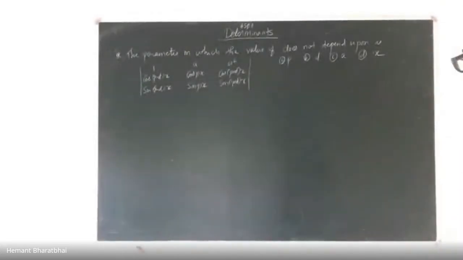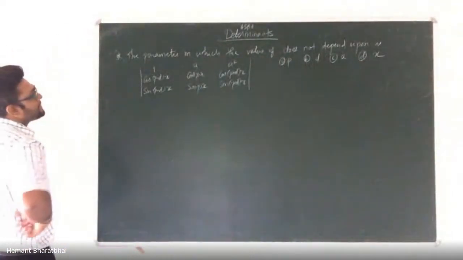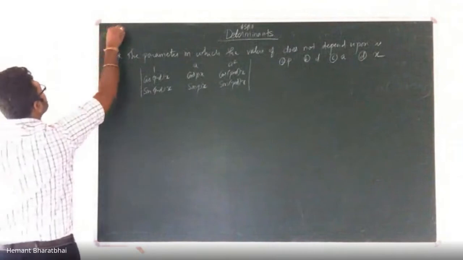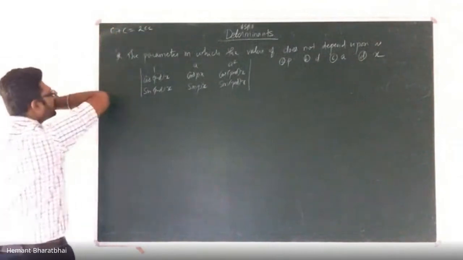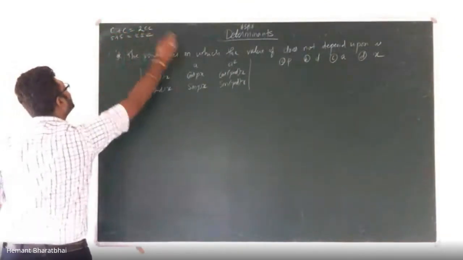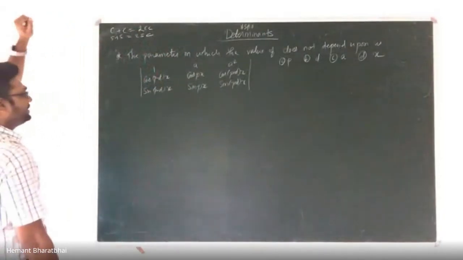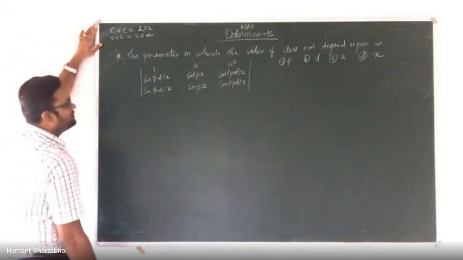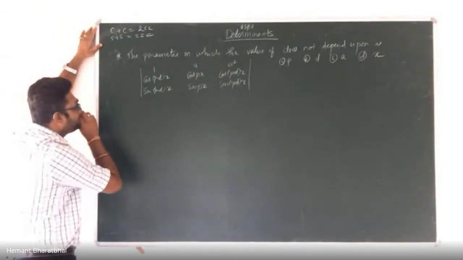As of now, let's try this. C plus C will give me 2CC, and S plus S will give me 2SC. This is the trick which I follow. If you are able to remember, it's good. If not, don't worry. We are going to start offline, so when I come there, I'll give you the trick.